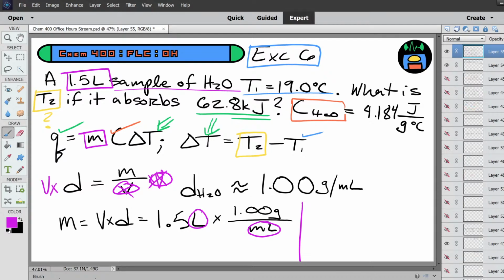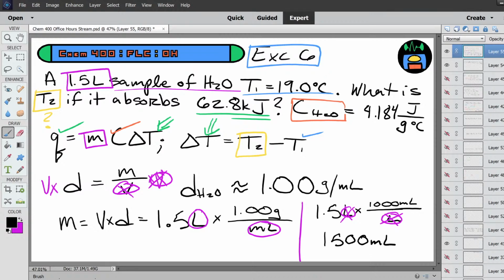So if we convert 1.5 liters to milliliters, there are 1,000 milliliters in a liter. And so that comes out to be 1,500 milliliters.